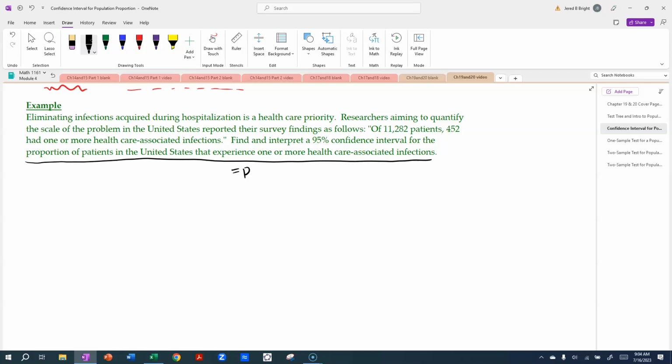So I know the 95% confidence interval is going to look like p hat minus E, comma, p hat plus E. I know that, so I need to find p hat and I need to find E, right?